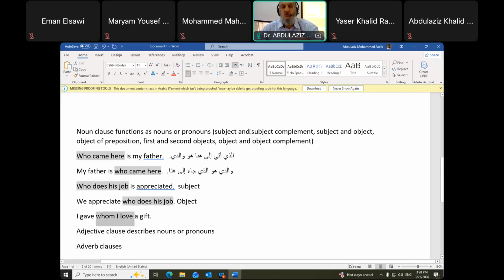In Arabic they use it as first object. في العربي ترتيب الكلمات كما هي. الفعل مفعول به أول مفعول به ثاني. In English no. Who benefited is number 2. Which one received the action? Which one the action is done on? It is the first. So this is second object.